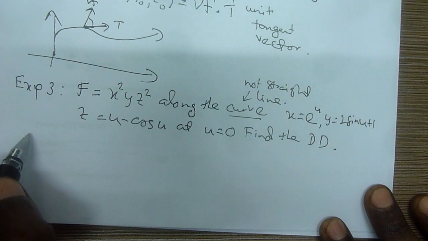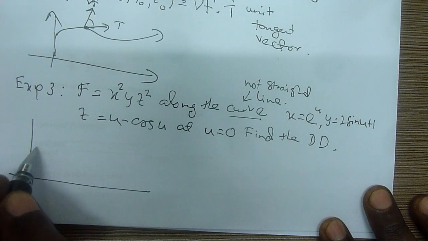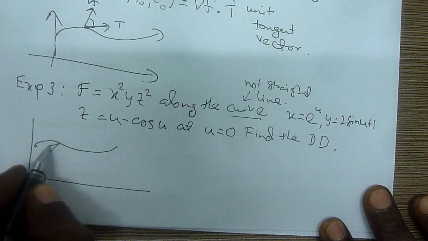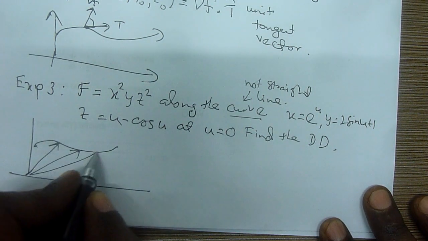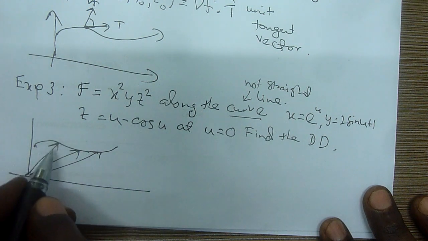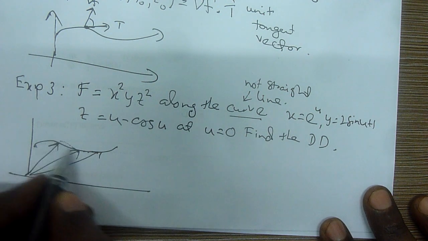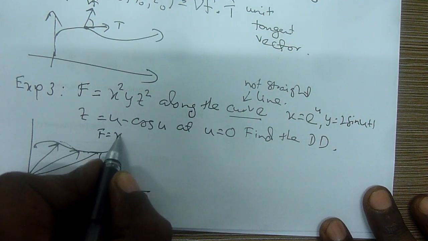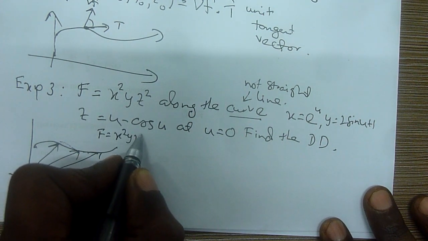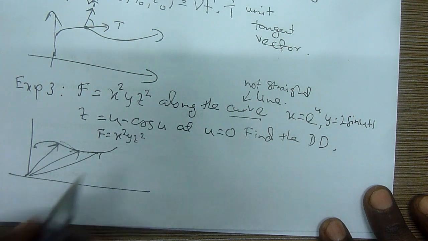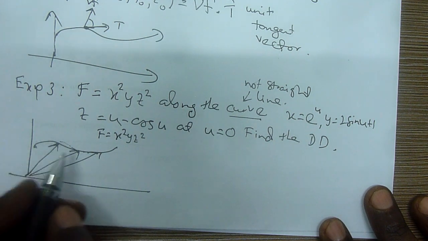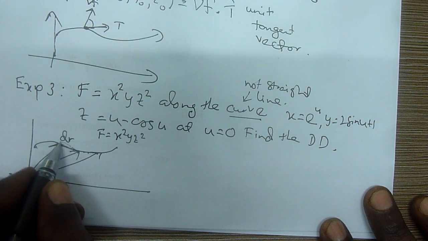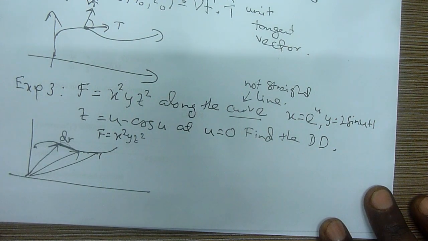First try to imagine the movement of these particles at this particular point on the curve, which is referred to as x y z squared, and you are now going to find dr of this. Dr means it's a tangent here.